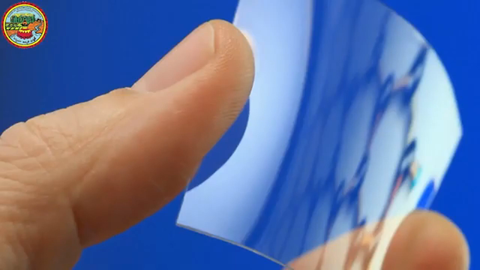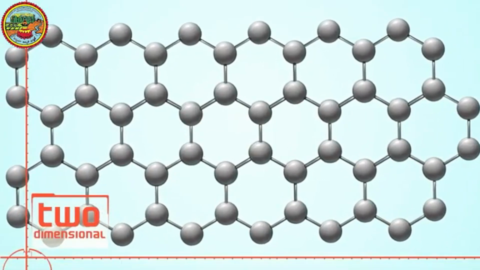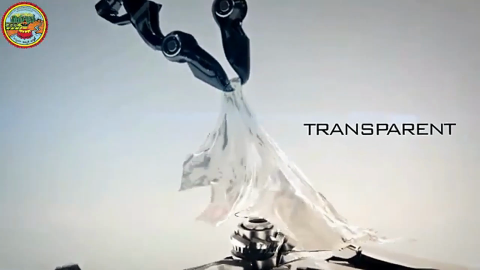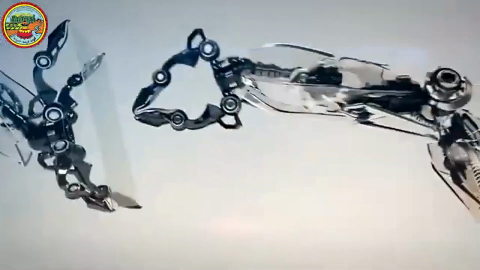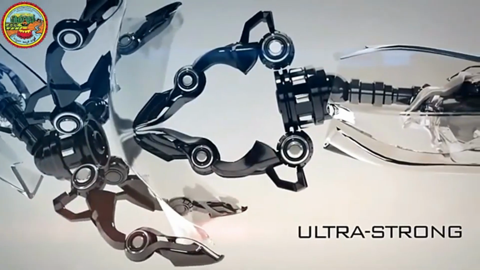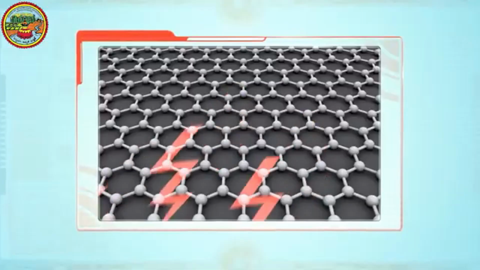Graphene. Graphene is another important allotrope of carbon. It can be considered a single layer of graphite. It is transparent and flexible. Graphene is 200 times stronger than steel and 300 times more conductive than copper.